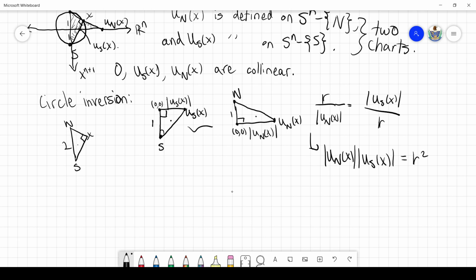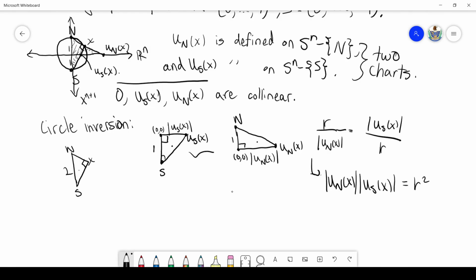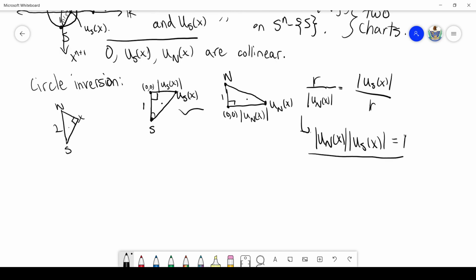But putting together these two facts here, so again, I'll replace this with 1. Since we know the relationship between their magnitudes, and we know they're collinear, then we can write the transfer, or the transition functions simply like this.